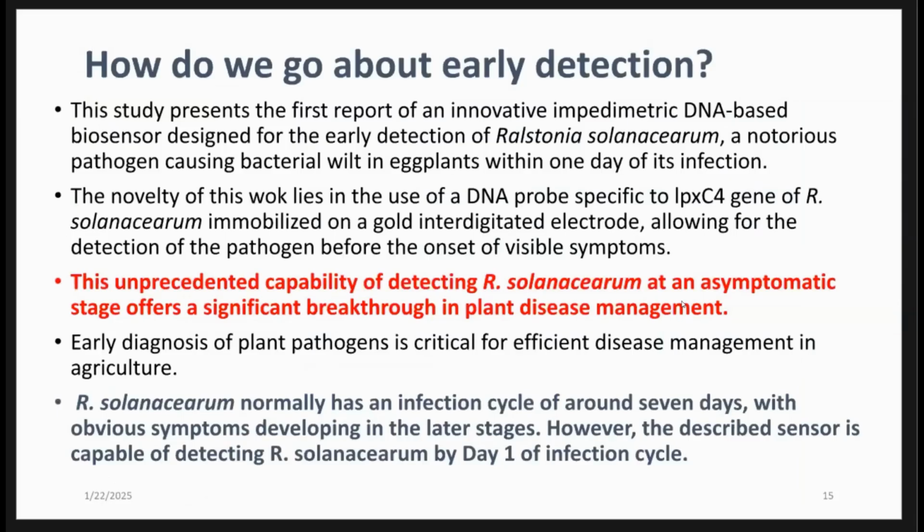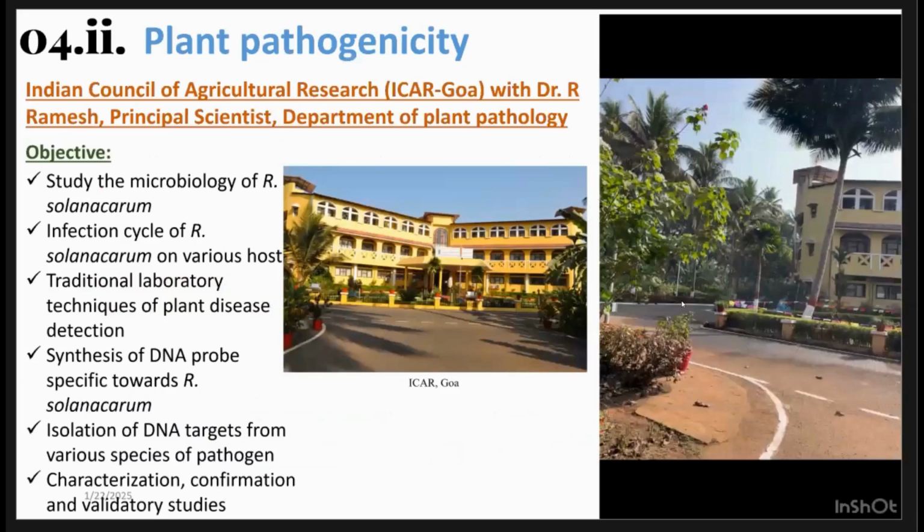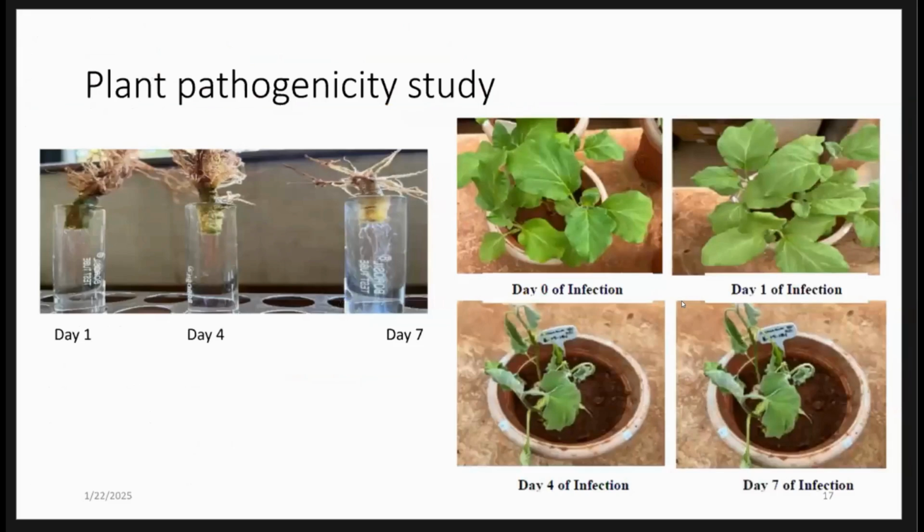So how do we go about pre-symptomatic identification? I collaborated with the Indian Council of Agricultural Research, ICAR, in Old Goa, where I grew a number of plants in the glasshouse as well as the field and studied the life cycle of the Ralstonia solanacearum bacterium to understand when the symptoms would appear and when infection occurs. I observed that it takes about 7 days for infection.